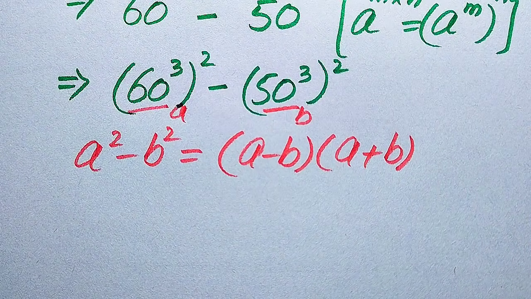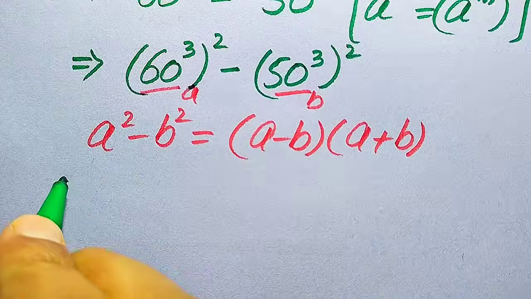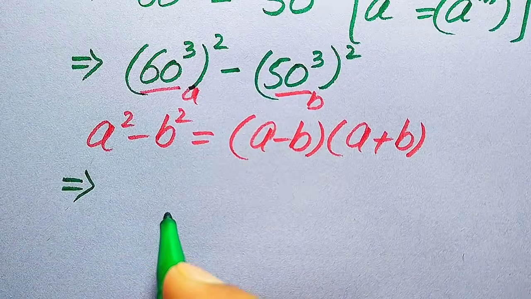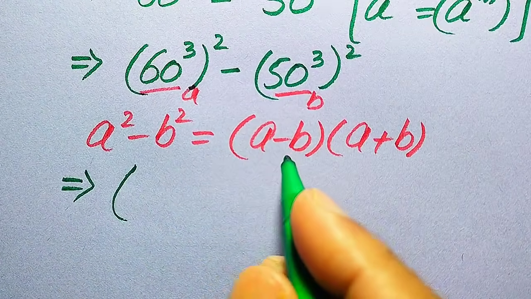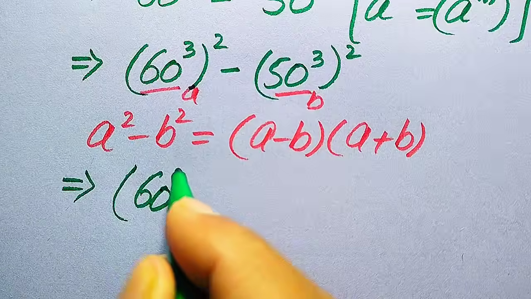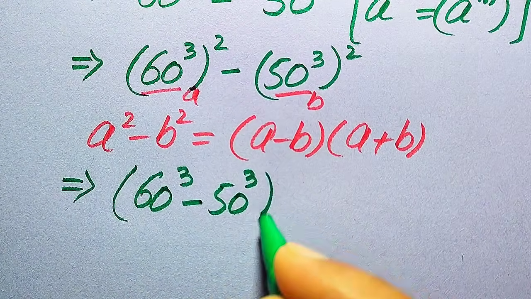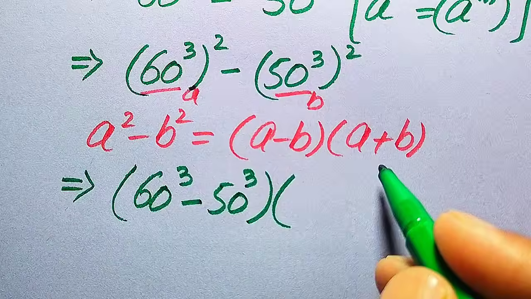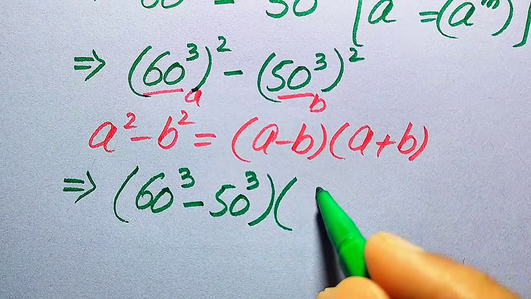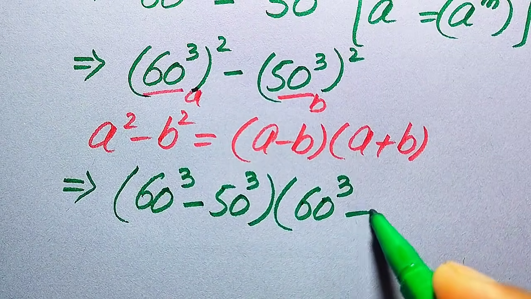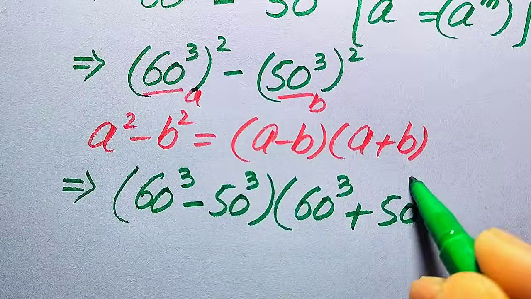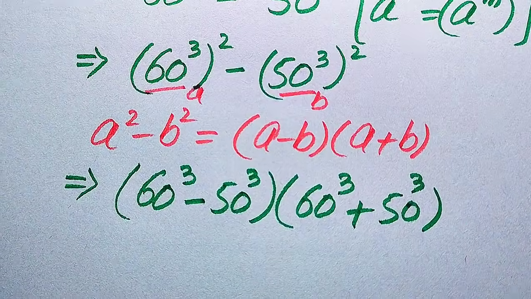After applying this formula, we write our expression as a minus b, where the value of a is 60 cubed and the value of b is 50 cubed, into a plus b, where a is 60 cubed plus b is 50 cubed.